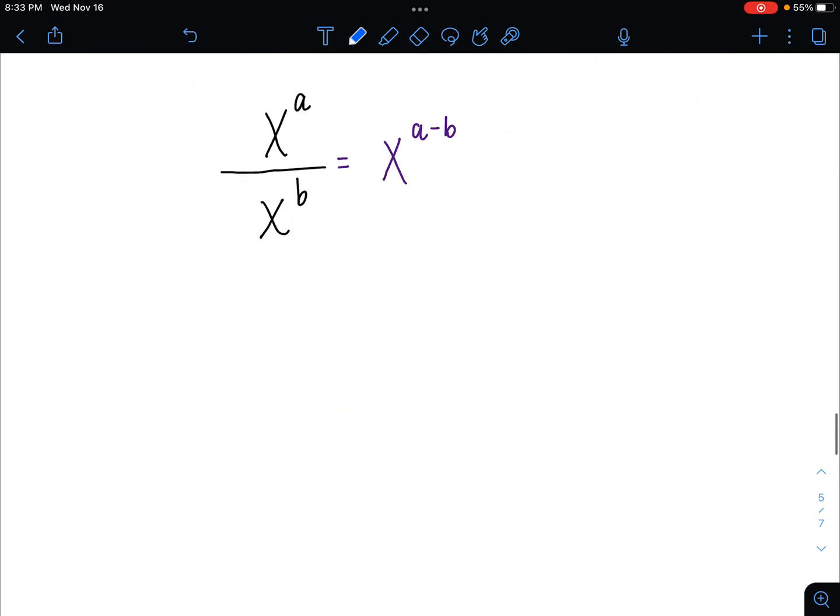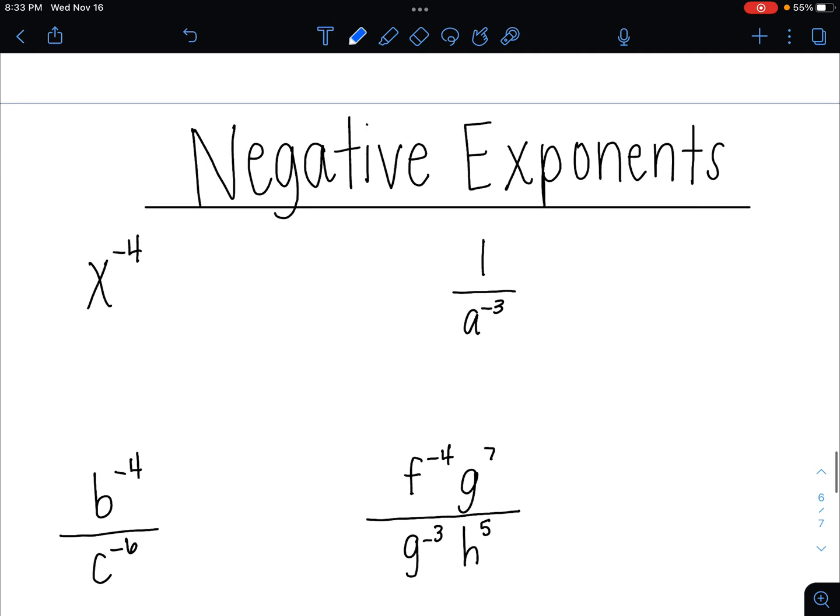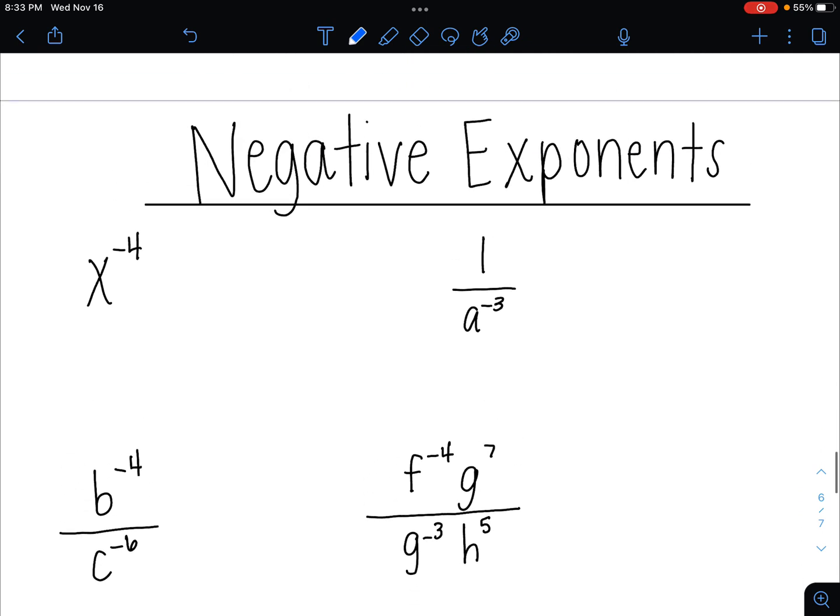All right, let's now take a look at negative exponents and what those mean. All right, when we see x to the power of negative 4, technically, we are going to draw ourselves a fraction bar. And when we see that negative exponent, we're going to think, if it's not in a fraction, we could write it as x to the power of negative 4 over 1.